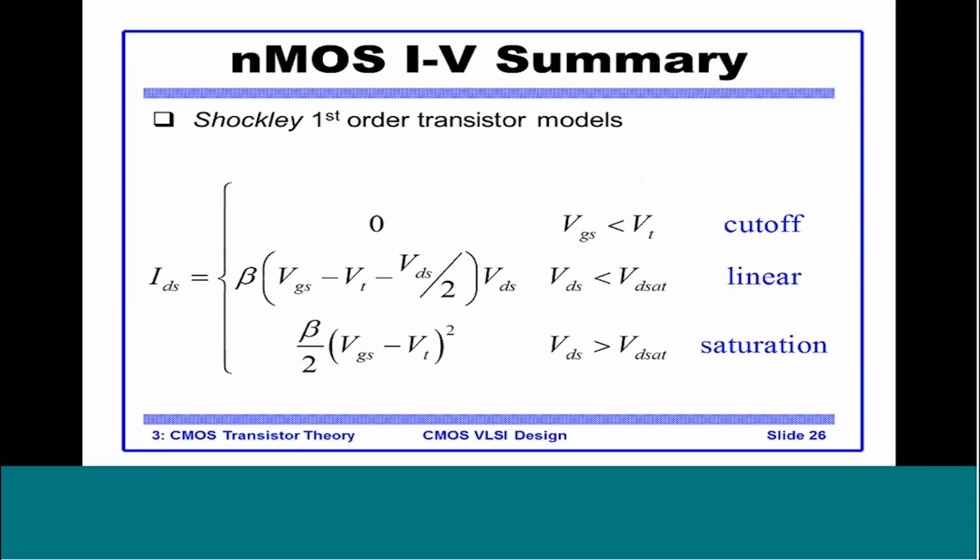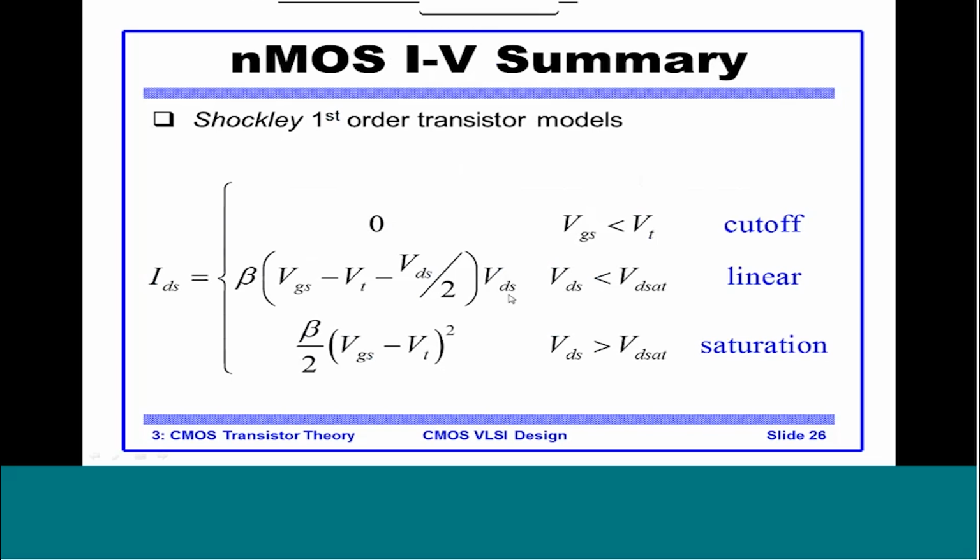Combining all three equations, the ideal MOS transistor can be represented by Shockley's first order transistor model. You can call these Shockley's first order or ideal transistor equations. The three regions, let's recap. First, if VGS is less than VT, the NMOS will not conduct, the current would be 0, and the transistor is said to be in cutoff.